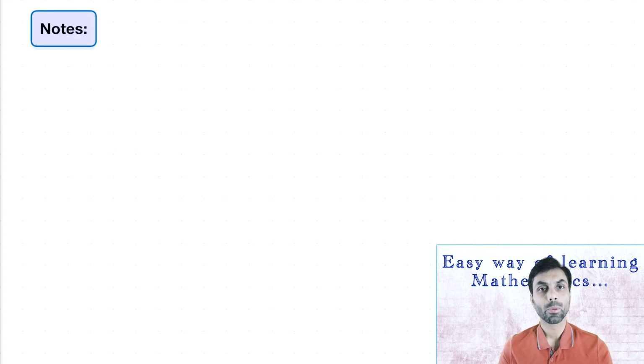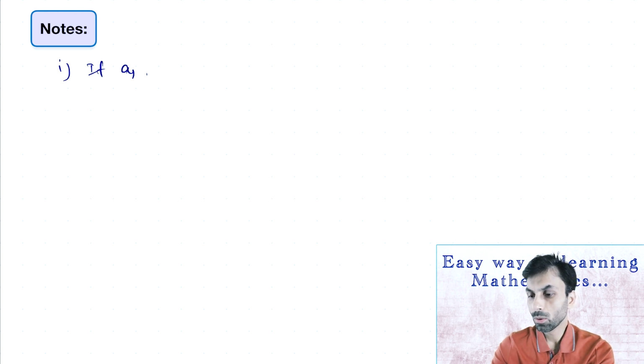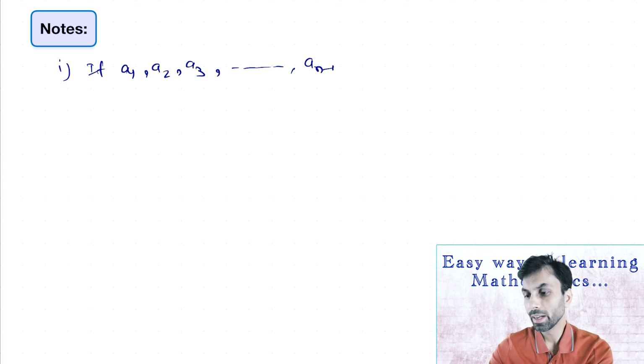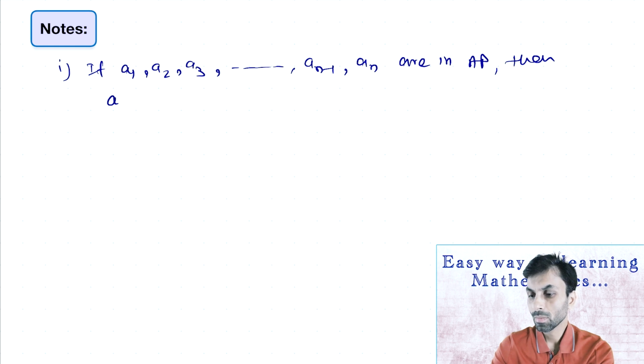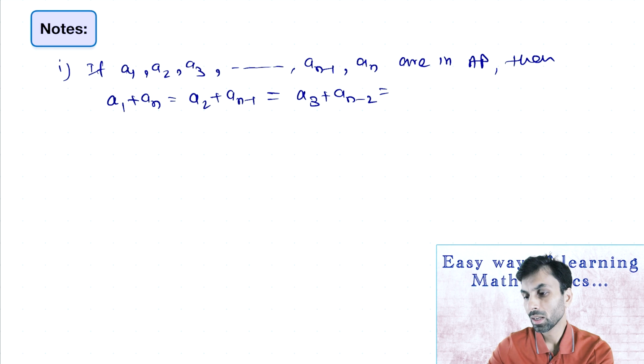Now coming to some important points related to the sum of n terms of AP. The first point is that if A1, A2, A3 and so on, An minus 1 and An are in AP, then A1 plus An will be equal to A2 plus An minus 1, which will be equal to A3 plus An minus 2 and so on.